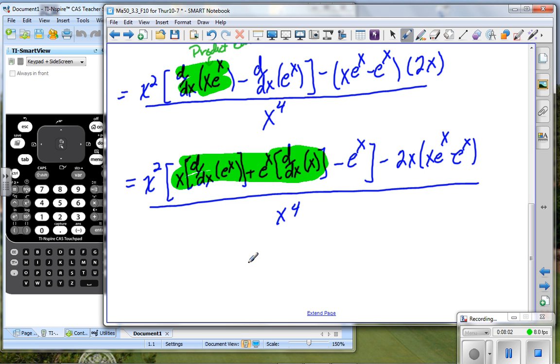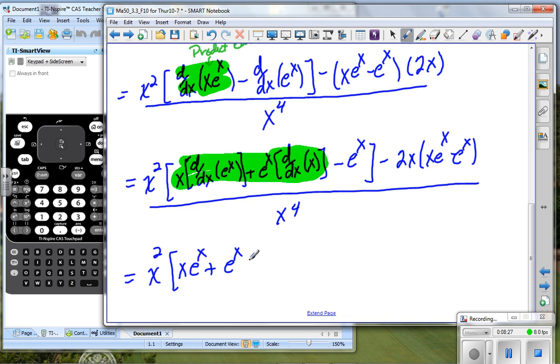Okay, we're not done taking all of the derivatives, so let's see where we're at now. Again, I have my x squared. In here, I'm going to have x times the derivative of e to the x, which is simply e to the x, plus e to the x times the derivative of x.